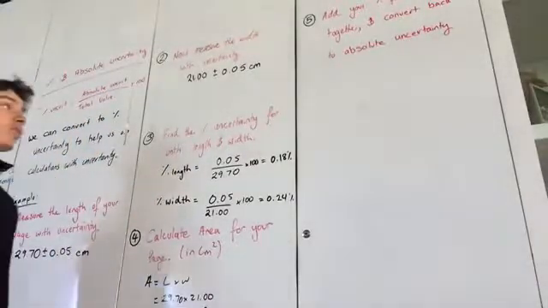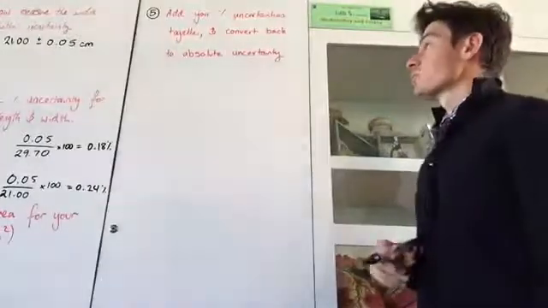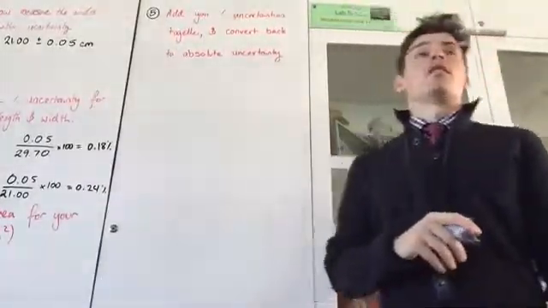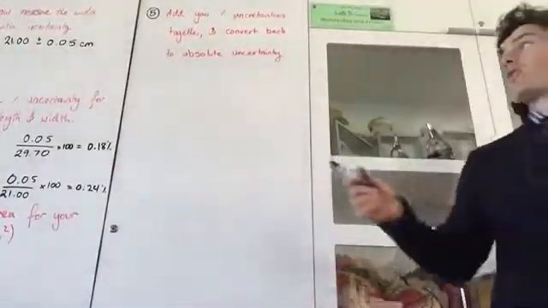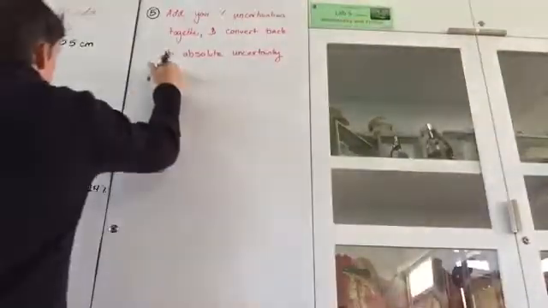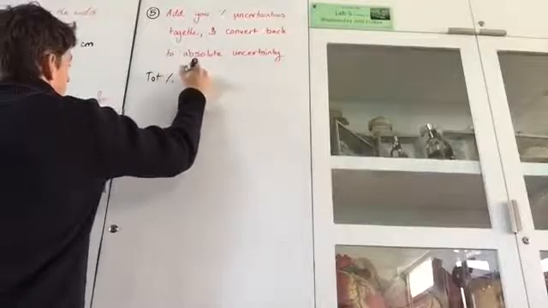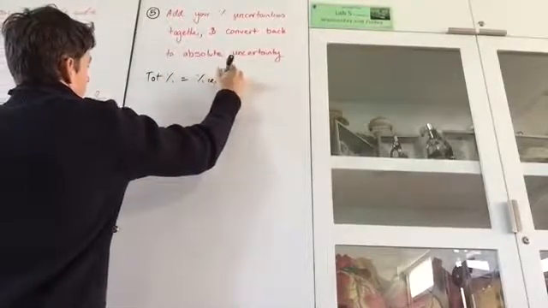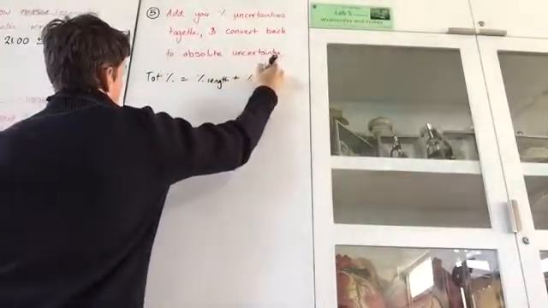Now I want to add my uncertainties together and convert that back. Now this is the challenge. I'm assuming that most of us found this was near on impossible. So let's start by doing the first part of the problem, adding my percentage uncertainties together. So total percent equals percent length plus percent width.